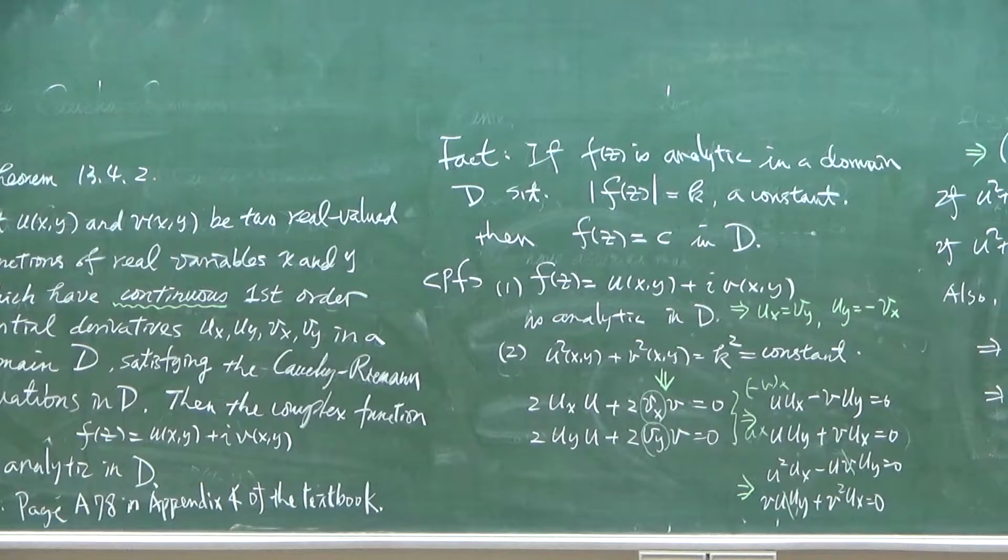In this case, the Cauchy-Riemann equations become u_r = (1/r) v_theta, and v_r = -(1/r) u_theta.